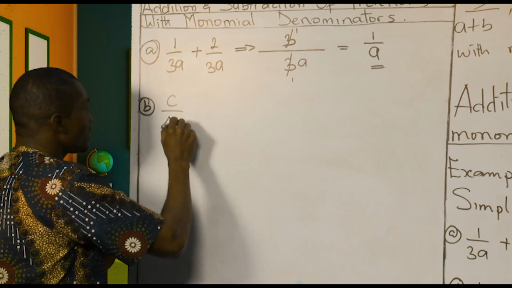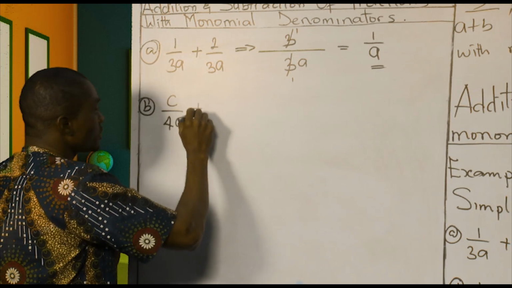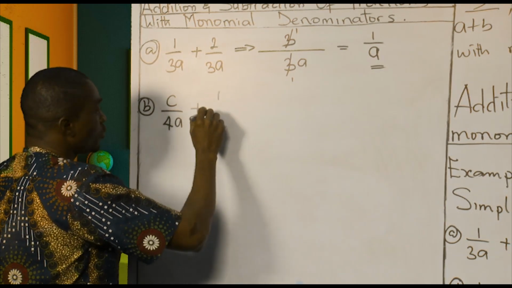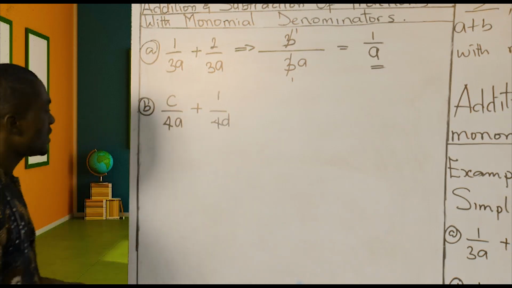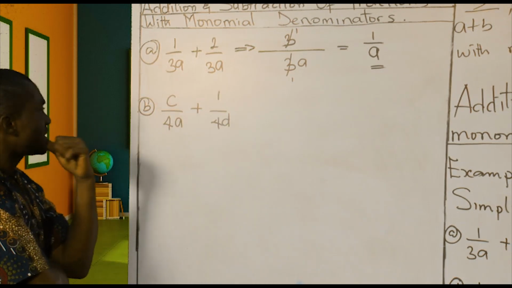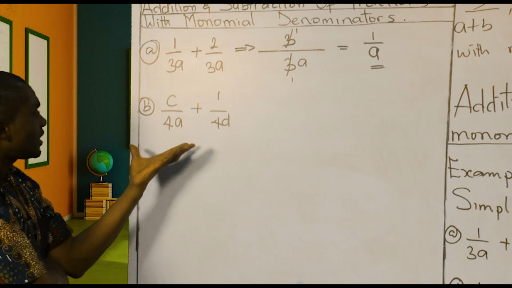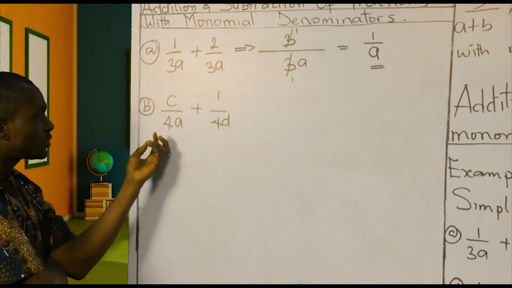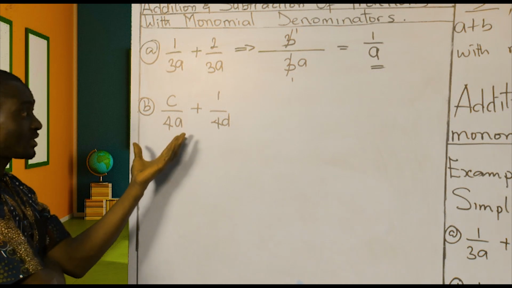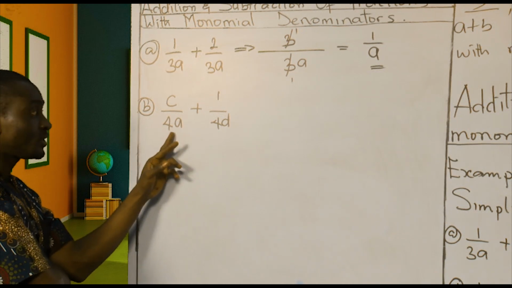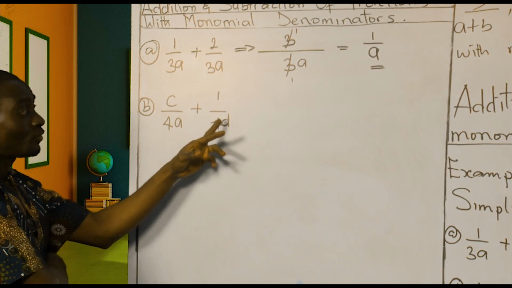Now B, what we have here is c over 4a plus 1 over 4d. Looking at these fractions, we discover that they don't have common denominators. The denominators are not the same. This denominator here is 4a, the denominator here is 4d.